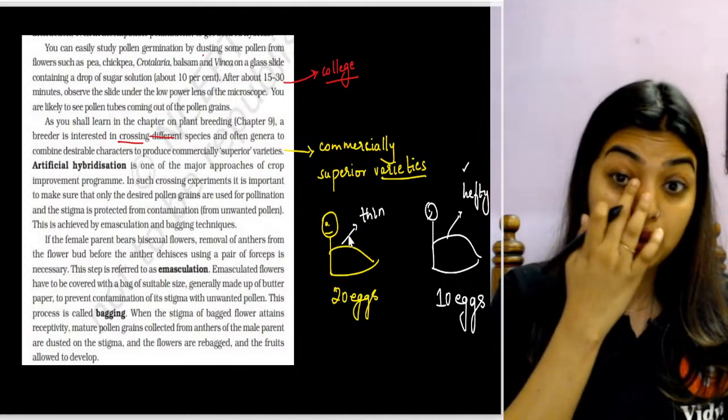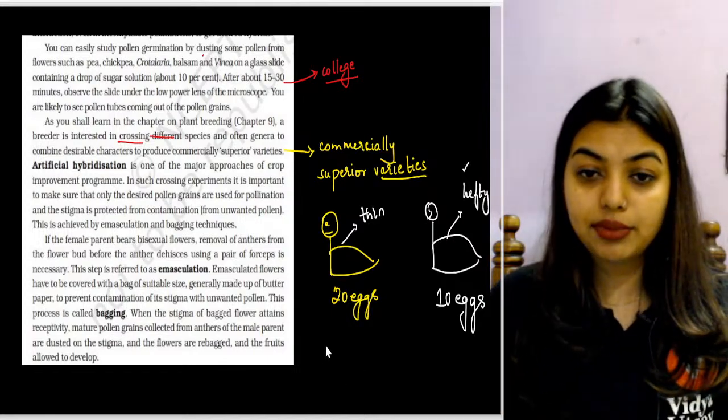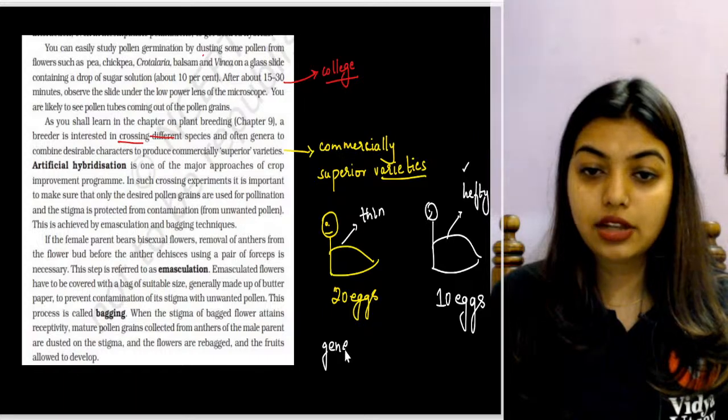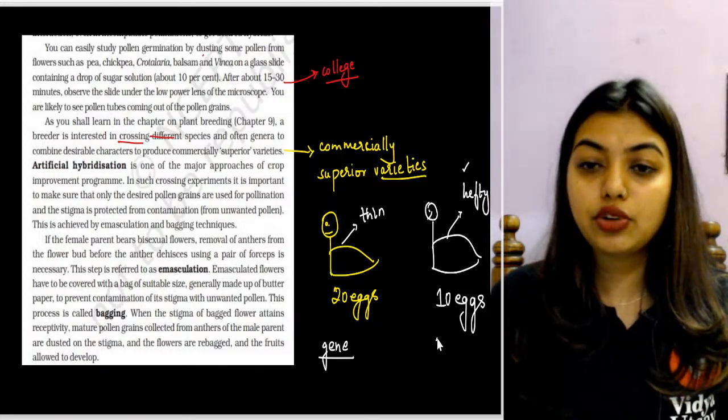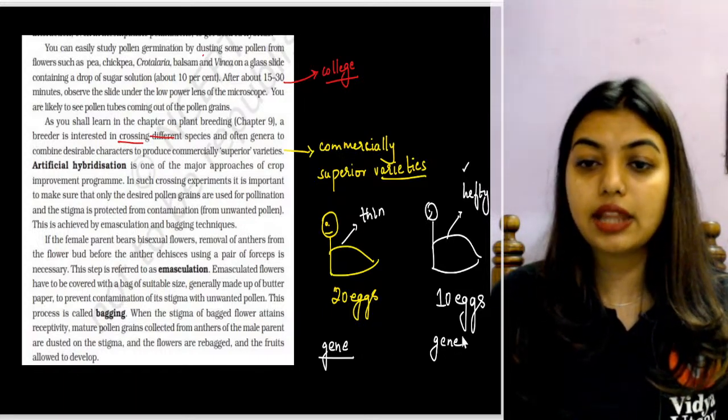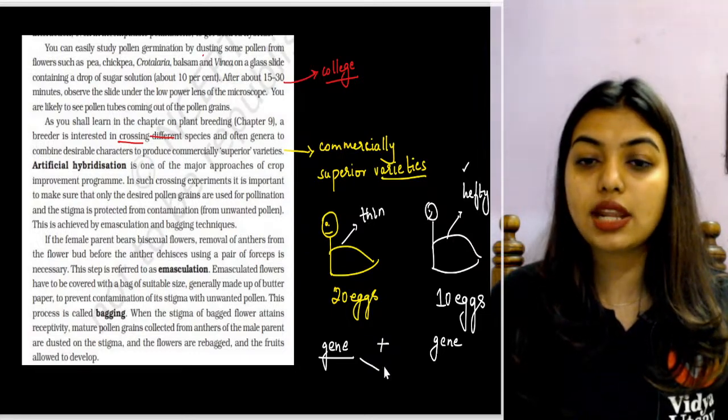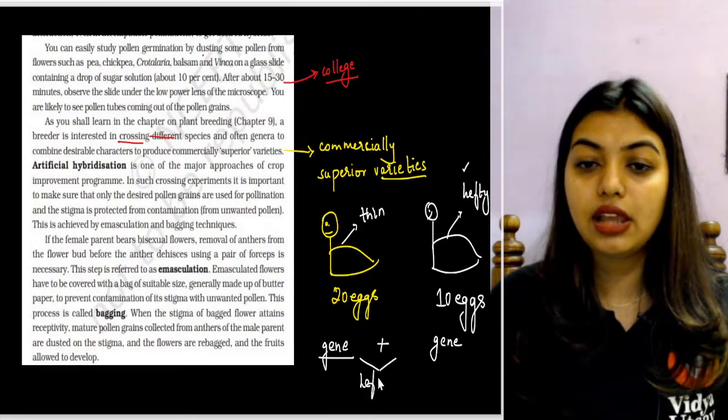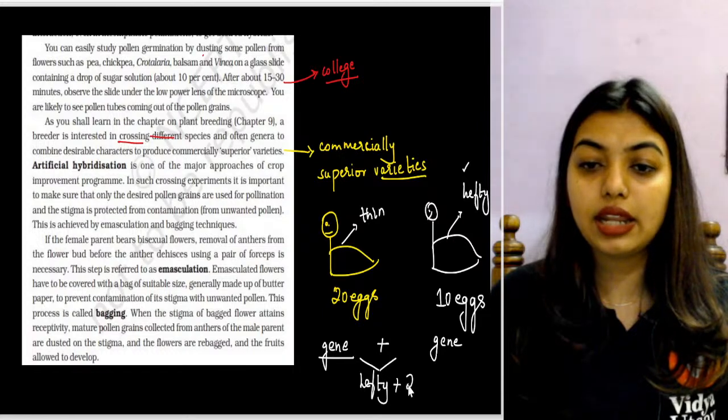So what I'm going to do, I'm going to take the genes from this that helps this hen to lay 20 eggs, and I'm going to take the genes from this that makes the hen hefty, and I'm going to do a cross and get a hen that is hefty and at the same time going to lay 20 eggs. Right.